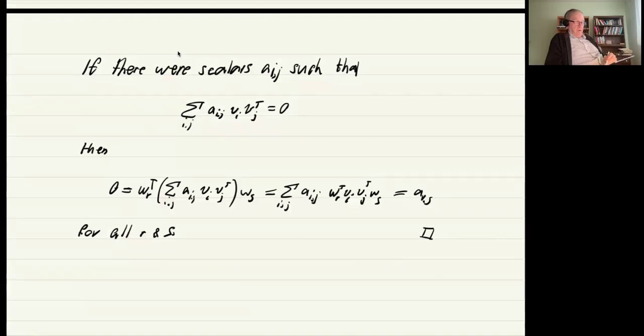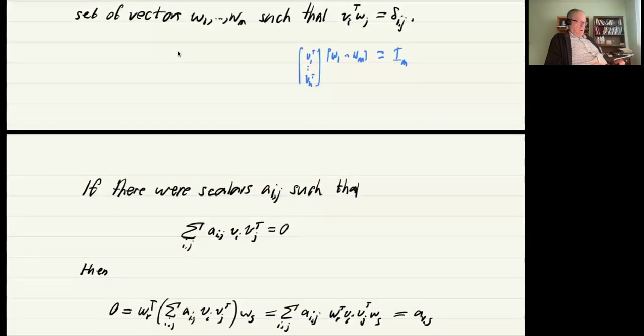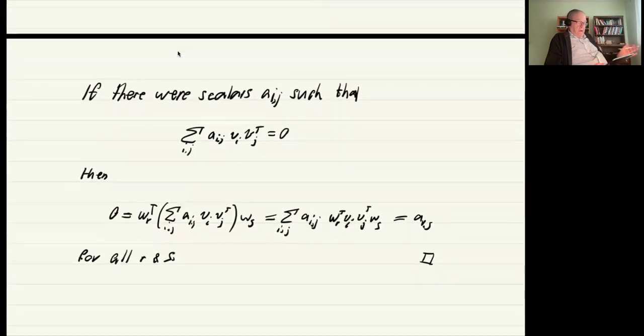Now I pull the things through the summation sign, and I get two copies of the Kronecker delta. Only one term survives, and what you're staring at is the RS entry of A. If this is 0, then A_RS is 0 for all r and s, so they're linearly independent. Okay, that's the end of the proof.